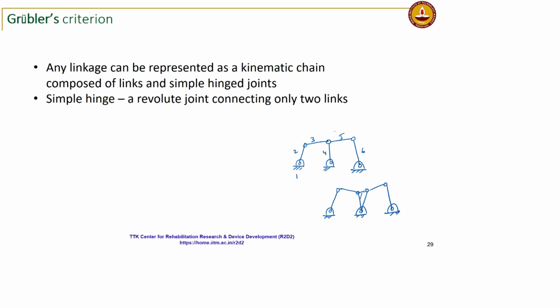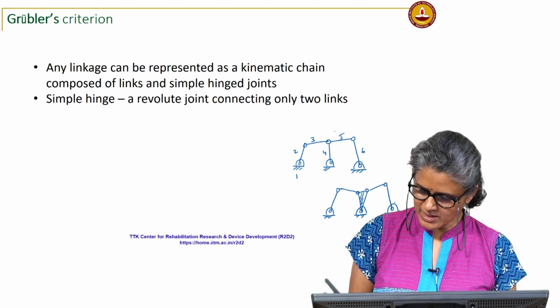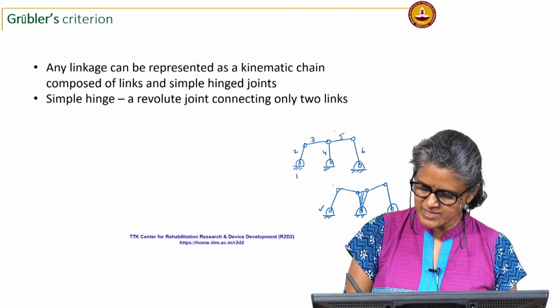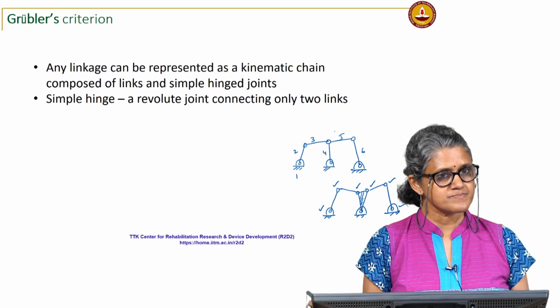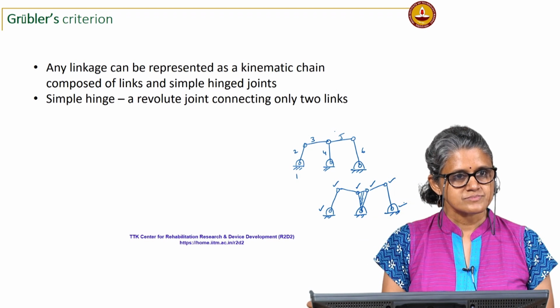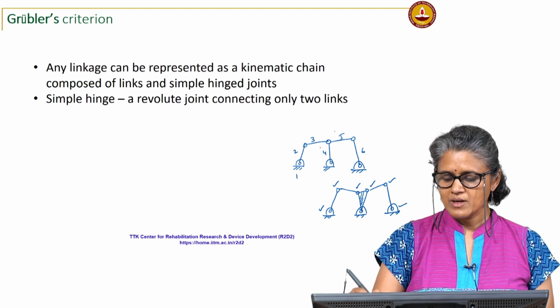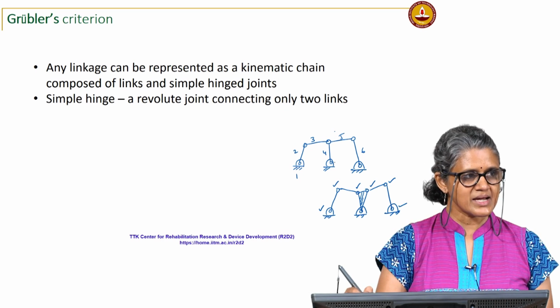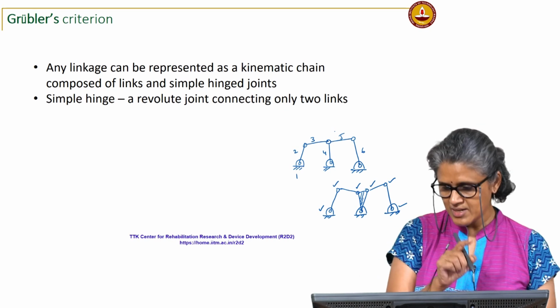I would convert this into a ternary link, so that now all my hinge joints are simple hinge joints. Out of these 3 binary links, I convert one into a ternary link, so that I have only simple hinge joints.